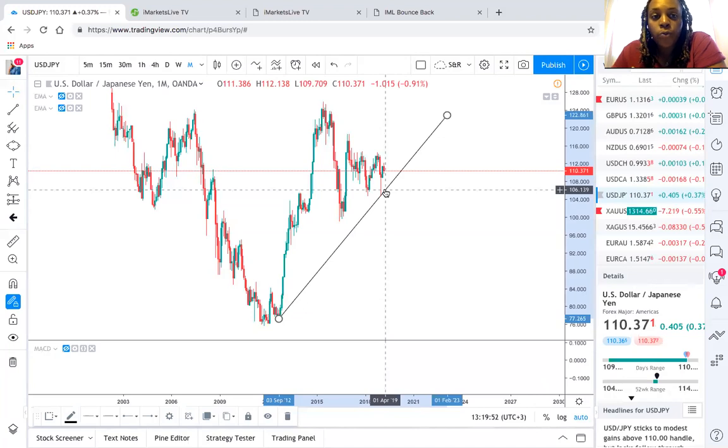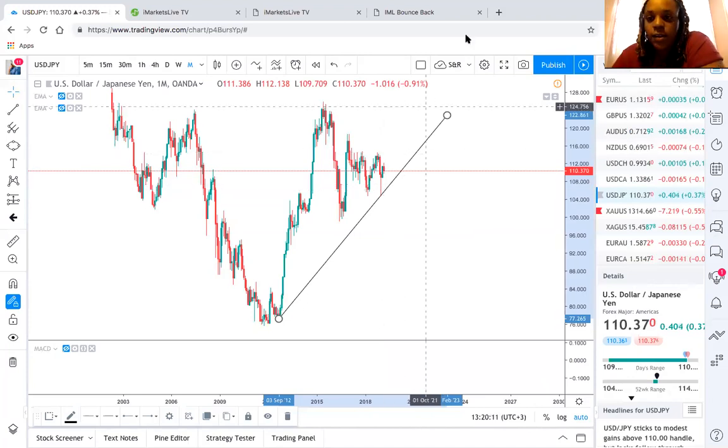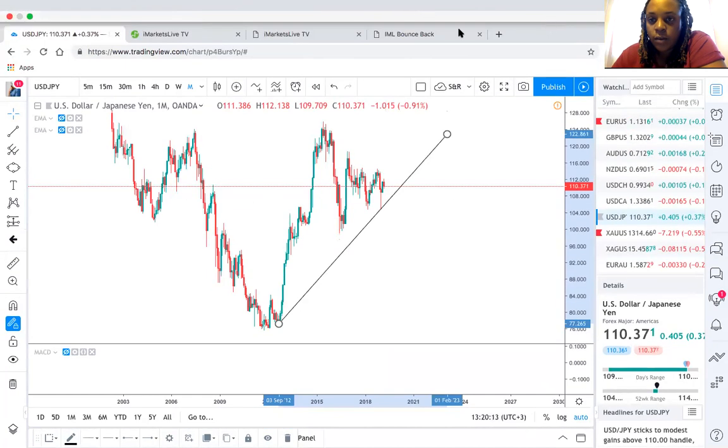If I go through the wicks on the higher time frame, there could be a possibility that if price was going to retest a particular area or my monthly trend line, it could actually go past my trend line because I didn't identify where price was likely to go.